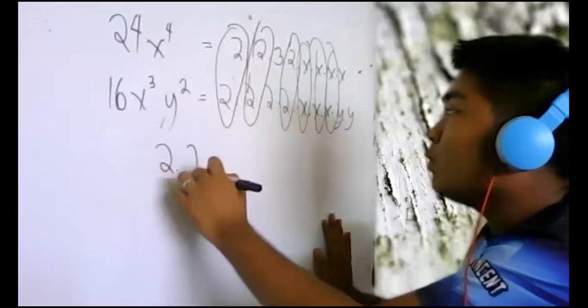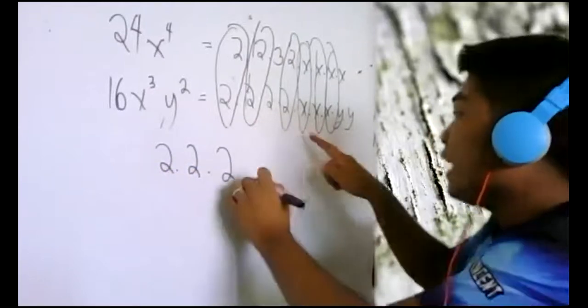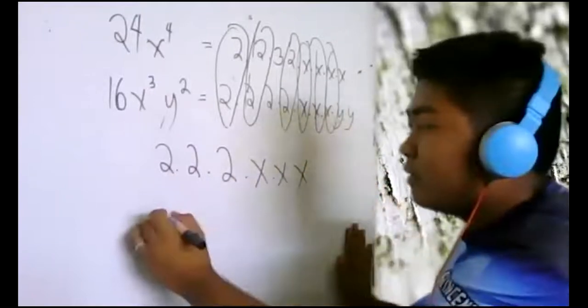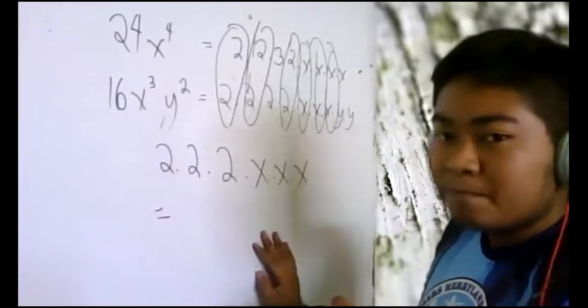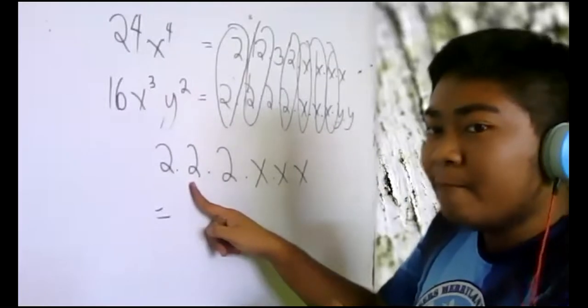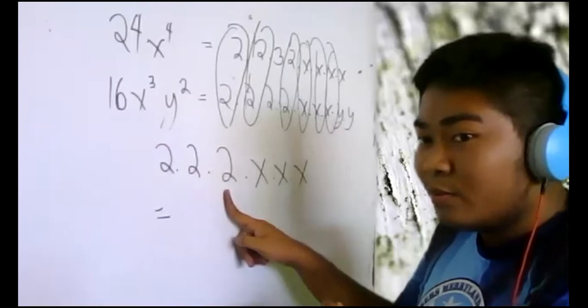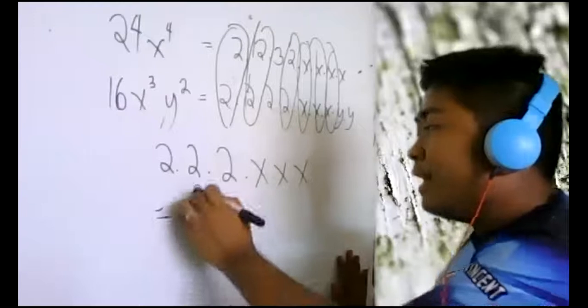So 2 times 2 times 2 times x times x times x. So i-finalize na natin. 2 times 2 times 2. So 2 times 2 is 4. Tama? 4 times 2 is 8.